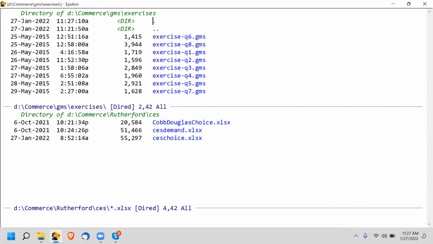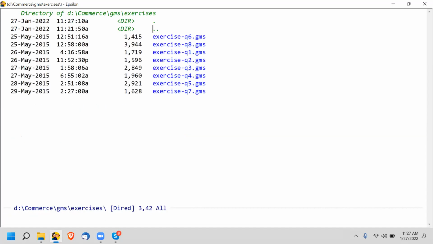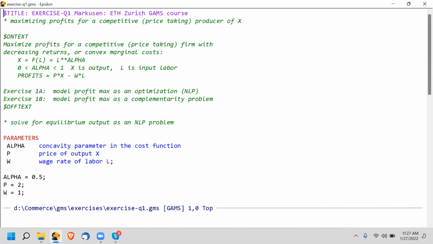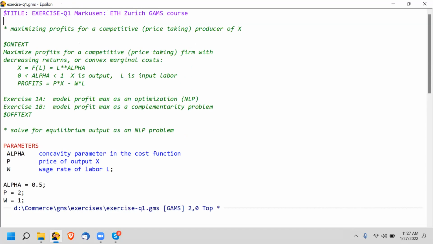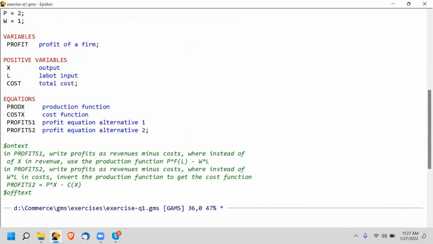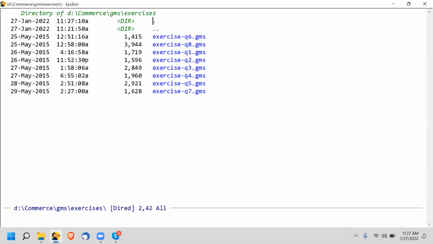Okay, so now if I look at what I've got, there are the exercises. So we'll start with Q1. Okay, I also sent it to everyone on the chat. You just need to extract it like Tom just did to be able to open them in GAMS. So I've got a total of 8 exercises. We just do these one at a time.